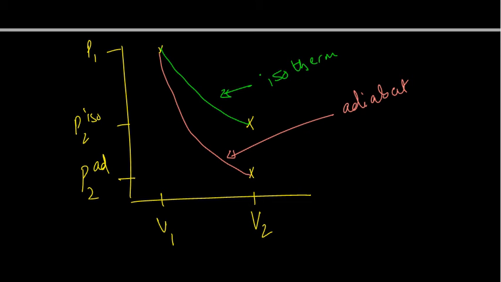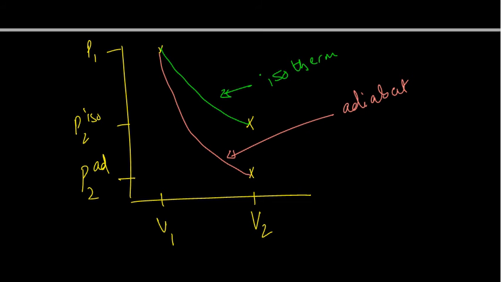So the pressure of the irreversible adiabatic expansion is more than P2 isothermal, right? Oh, not more, sorry. Less. Less than P2 isothermal because there's a drop in temperature, but it's more than this.